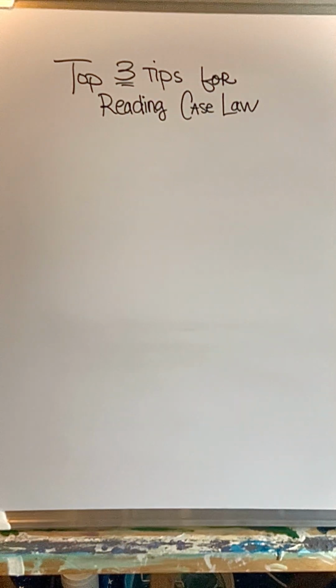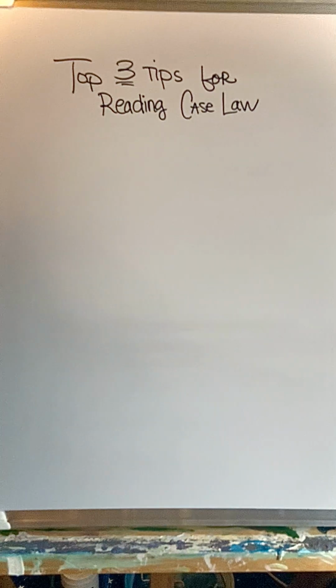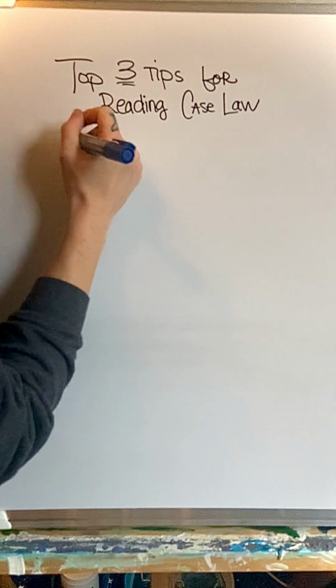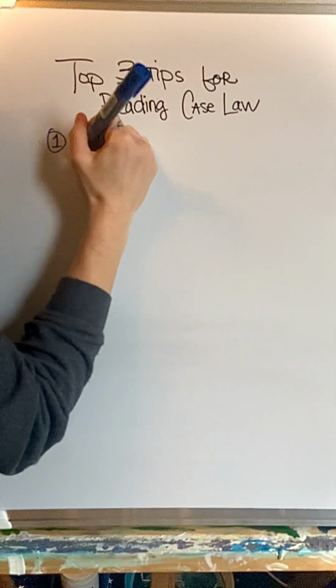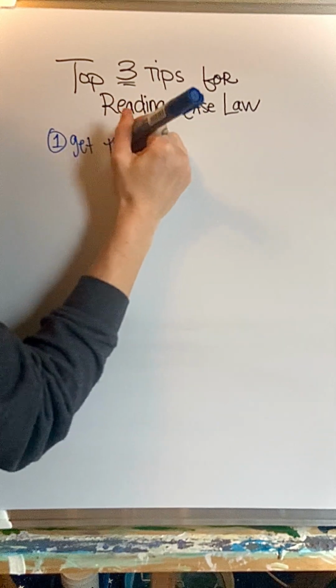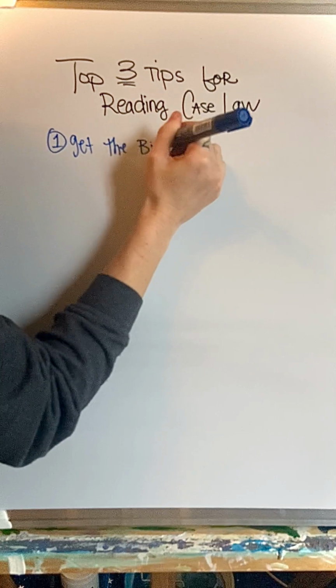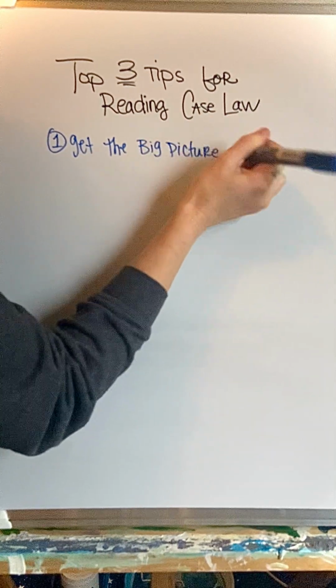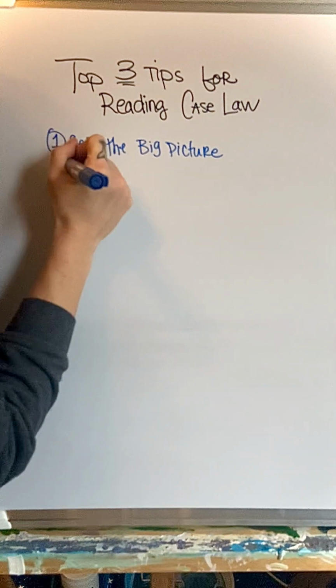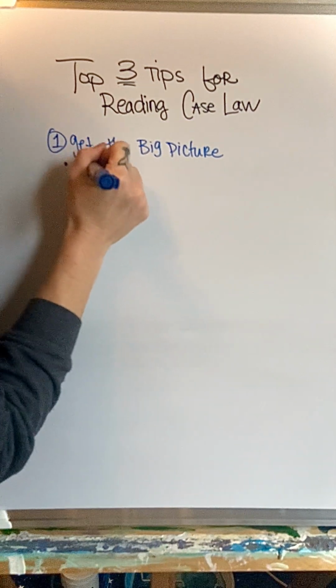So the first thing I did before reading a case, if I read the case, I often did not read a full case. But the first thing you want to do is get the big picture, right? Get orientated. What is this case about? And you can, of course, start with a case brief.